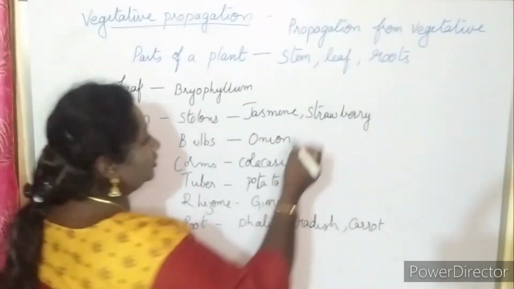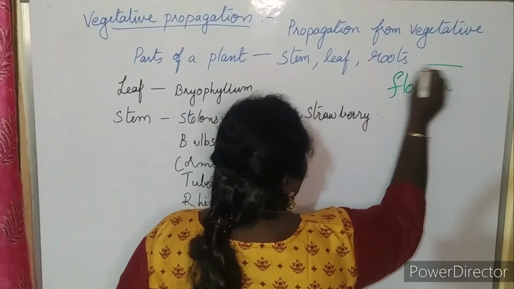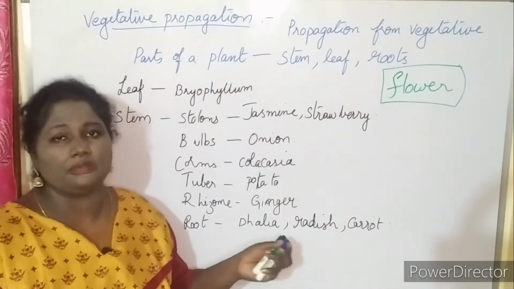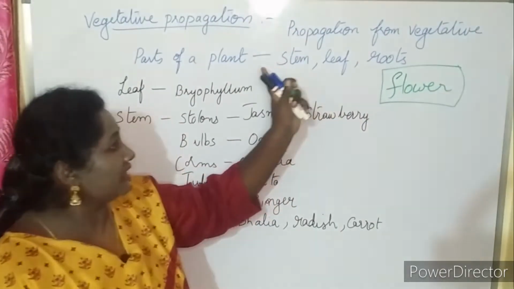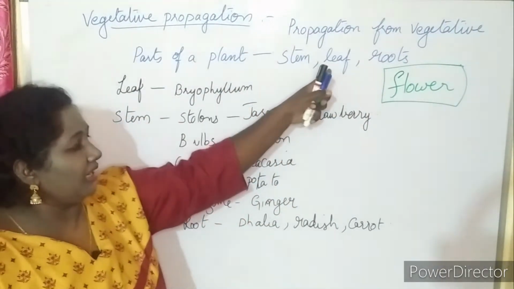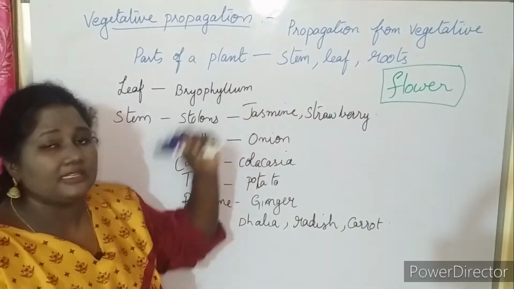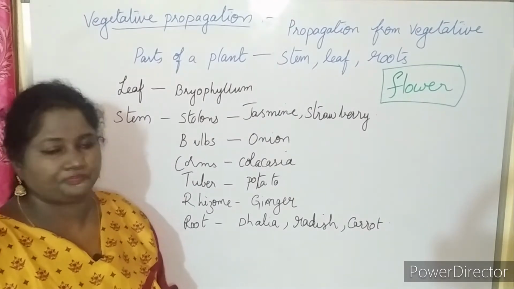Flower does not help in propagation. If flower helps, it becomes sexual reproduction in plants. So other than flower, the vegetative parts are stem, leaf and roots. If propagation happens through these parts, it is called vegetative propagation.